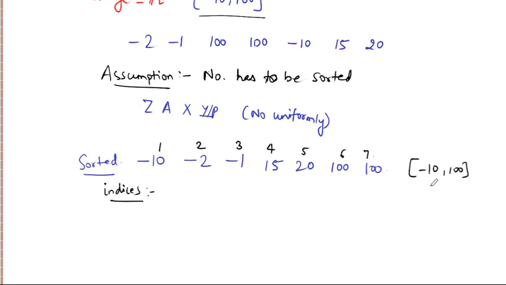From here one can see the lower bound or the lowest number is minus 10. So these indices will be named as low, which is set to index 1, and high, which is set to the last index.